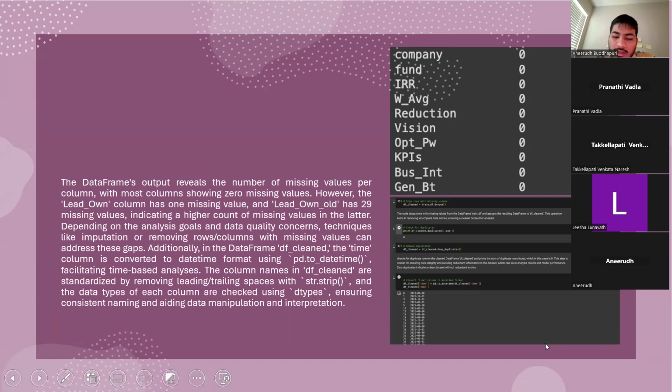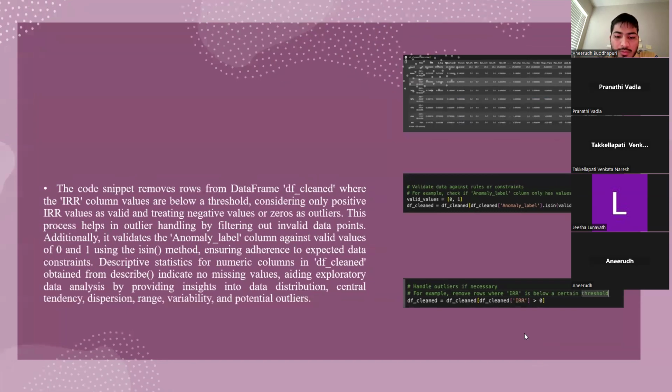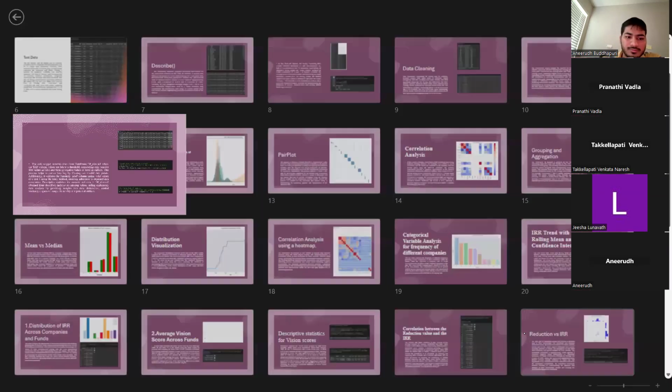In the df_clean data frame, the time column is converted to datetime format for time-based analysis. And we standardize column names by removing spaces and check data types to ensure consistent naming, which aids in data manipulation.